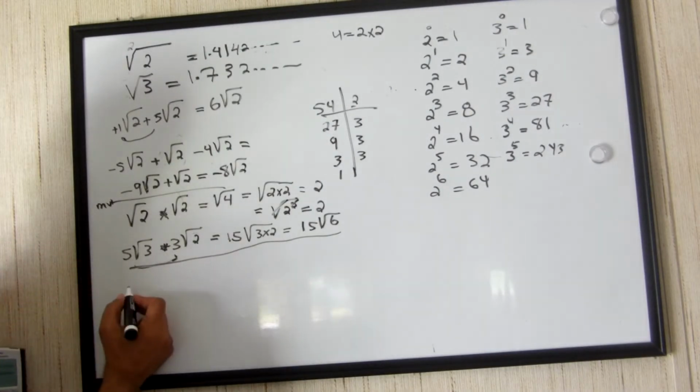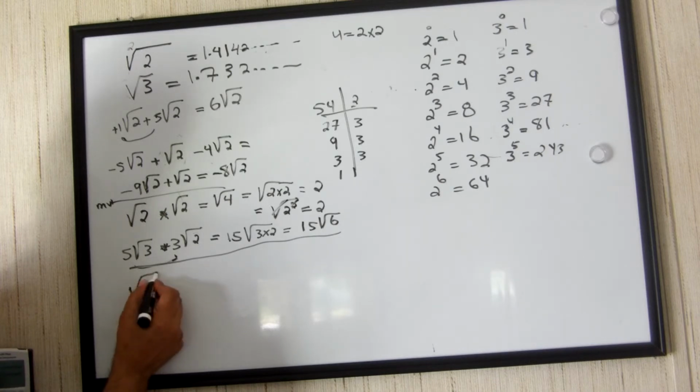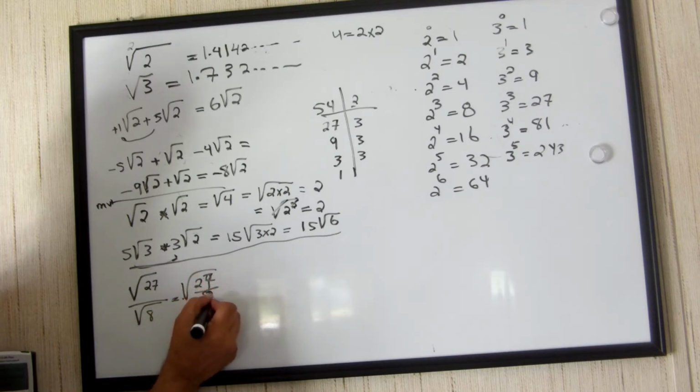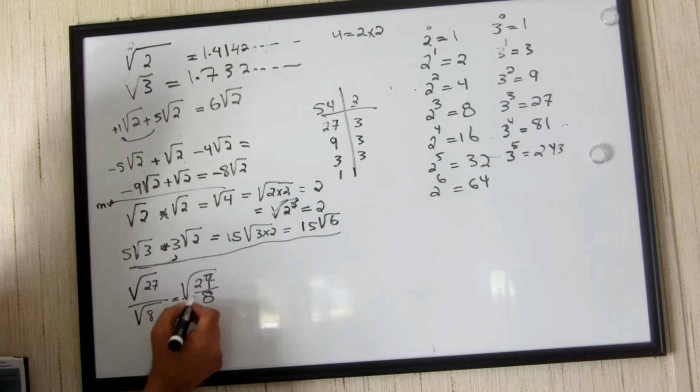Let's talk about division now. A square root of 27 divided by the square root of 8, for example. You just write it as 27 over 8, you can write it this way.